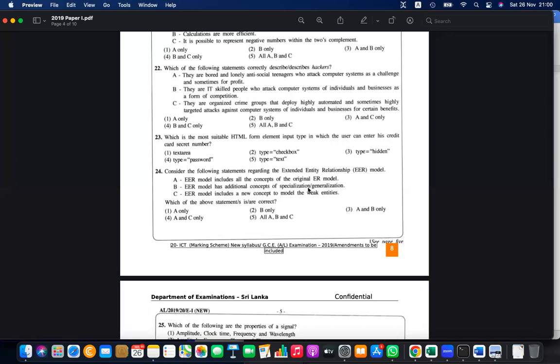Both are entities, but they derive from the general entity, student. The part-time and full-time ones are called specialization. When you merge them together into student, we call it generalization. That is the idea. It's not a new concept like weak entities; it's only about the existing ER model with generalization and specialization concepts. A and B are correct. Answer is number 3.